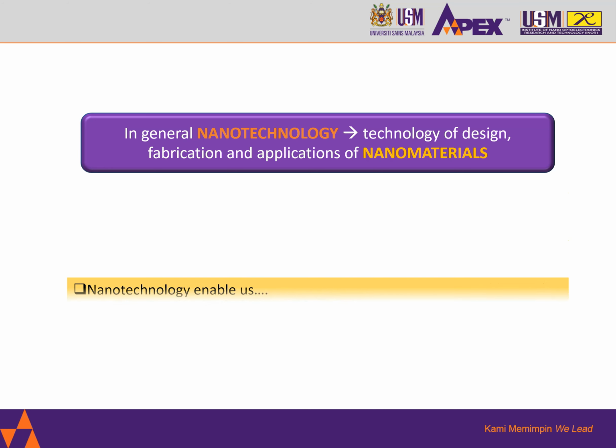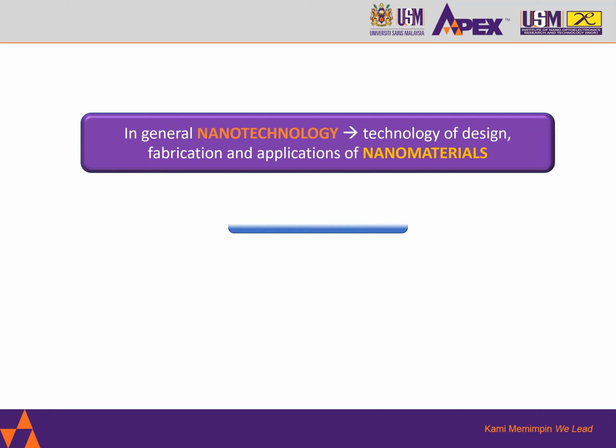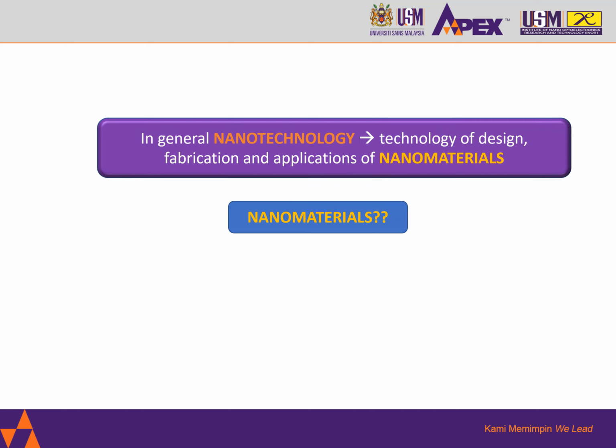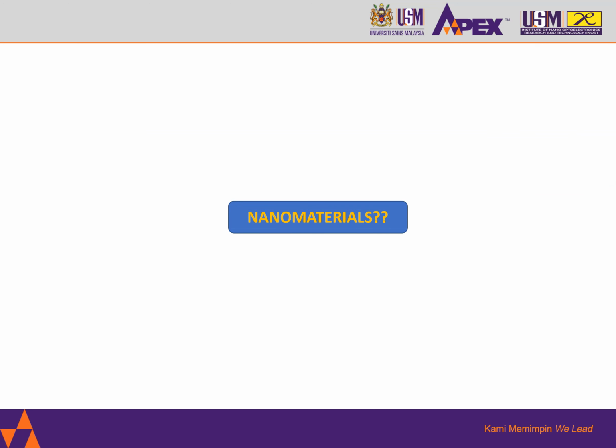Now you might ask, what is nanomaterials? Defining nanomaterials is never straightforward. The main reason for this is that the size-dependent properties of material evolve from bulk to nanoscale in a continuous way. Therefore, there is no particular boundary of scale that we can use to define the boundary of nanomaterial.